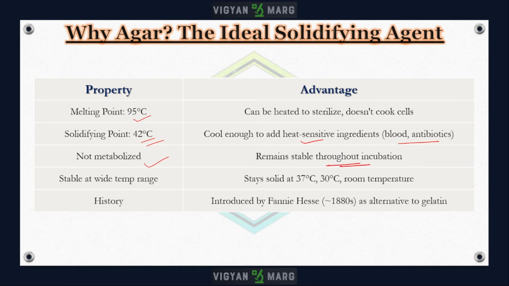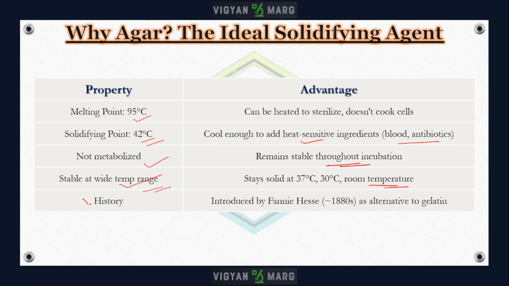The bacteria grow on or in the agar, and they cannot digest it and liquefy the medium, unlike gelatin. Third, agar gels are stable over a wide temperature range. They stay solid at typical incubation temperatures like 37 degrees, 30 degrees, and room temperature also. They remain intact at these temperatures.